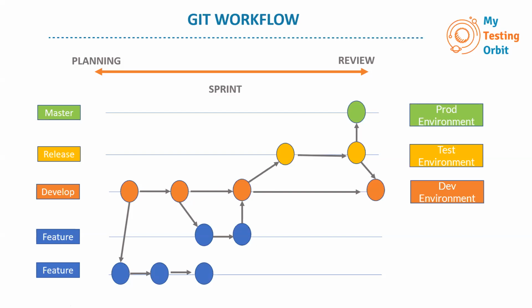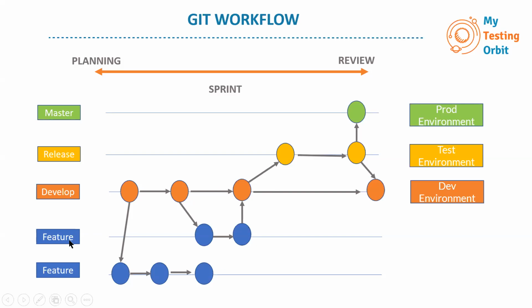Let's say they have divided 2 features. In this sprint we are doing valet parking. So just pretend that Sophie has taken one user story and she is developing that, and Sanjay has taken another user story and he is developing that.